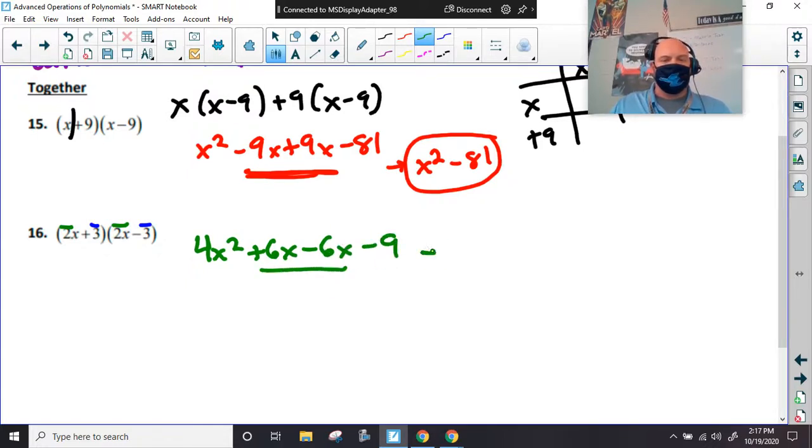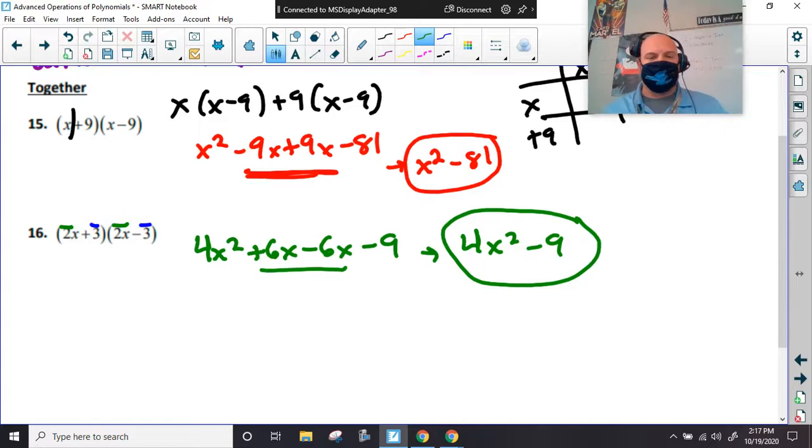Well, these would go away. And that would be it right there. Okay. And when we get in unit 8, next week, we'll look at these again, just in a different way. Okay.